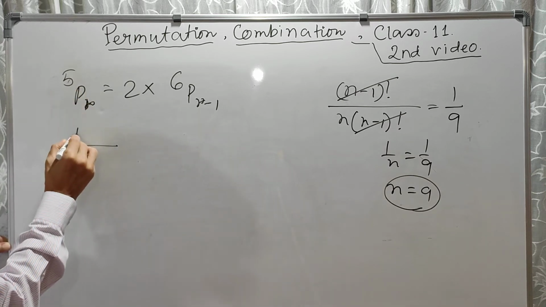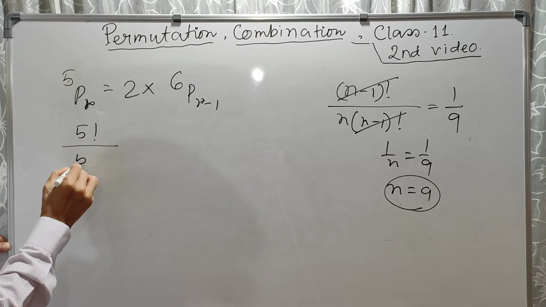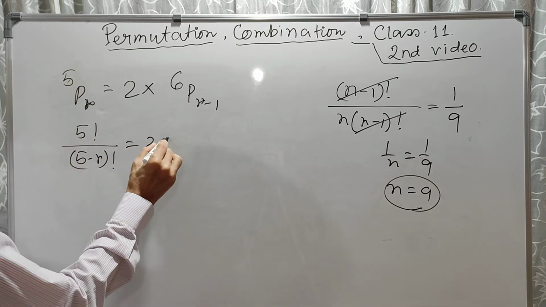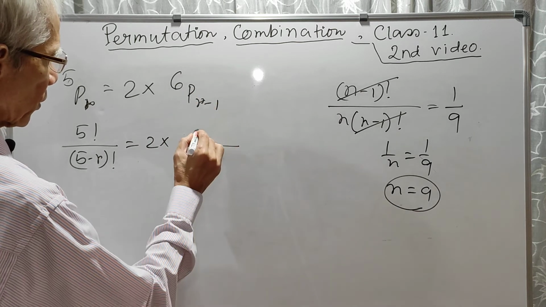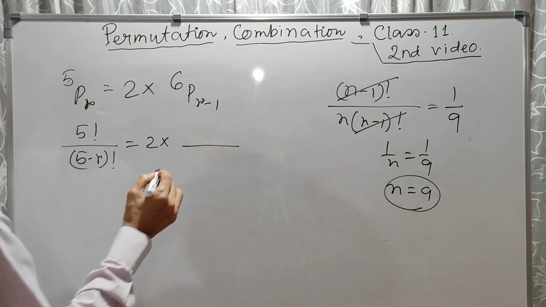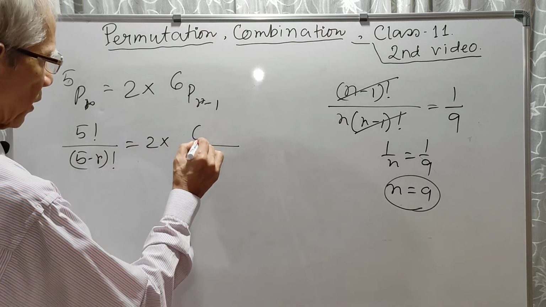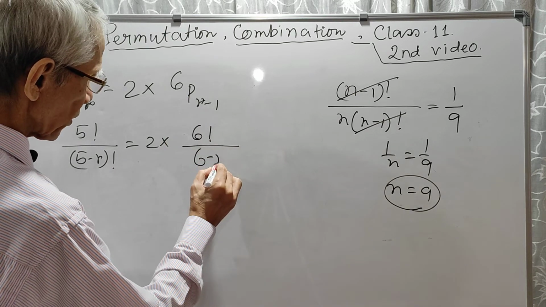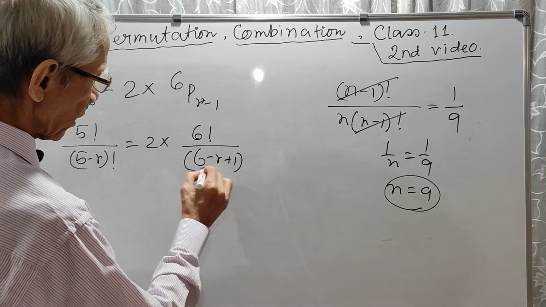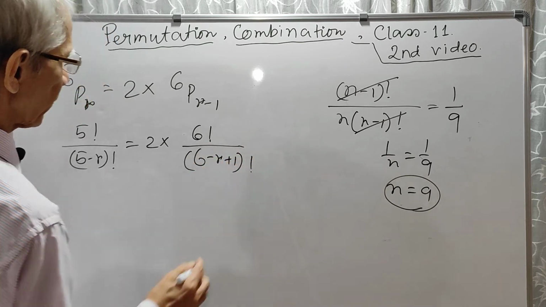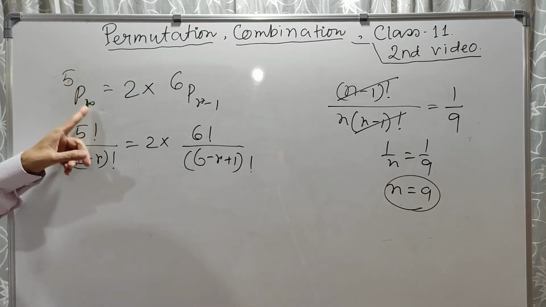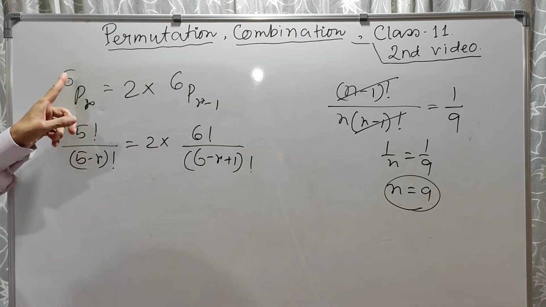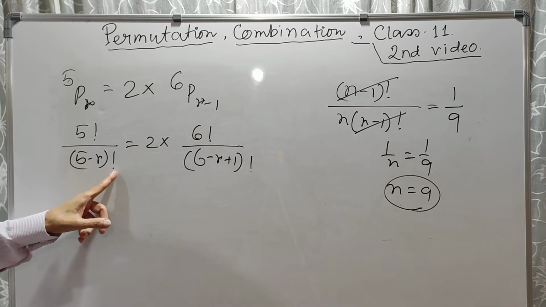So using this formula, it is 5 factorial by 5 minus r factorial equal to 2 into, this is 6PR minus 1, so 6 factorial divided by 6 minus r plus 1 factorial, all right? So NPR, so factorial n, that is factorial 5, divided by n minus r, that is 5 minus r factorial.